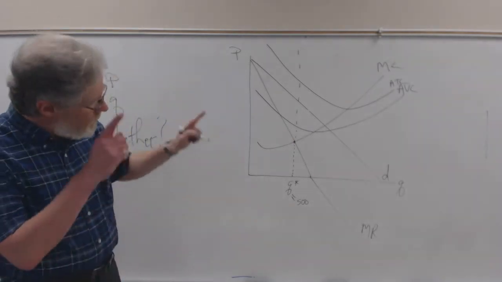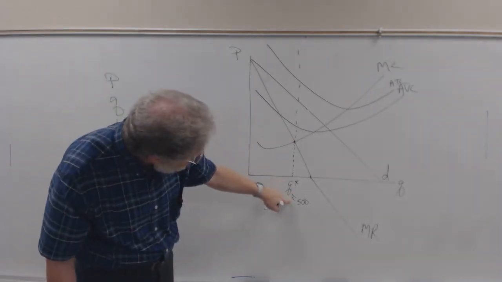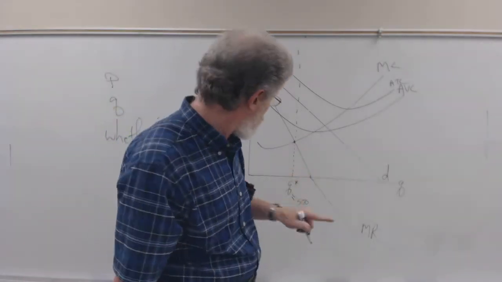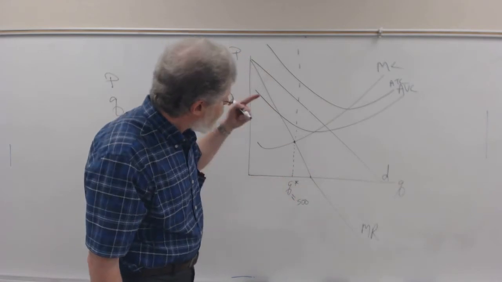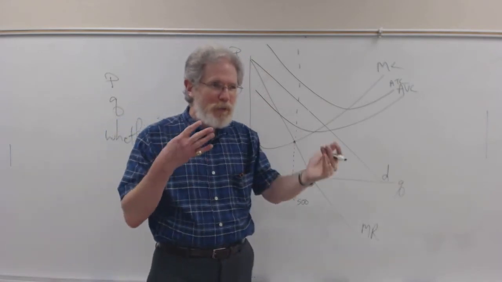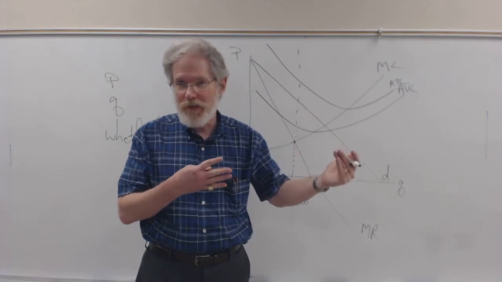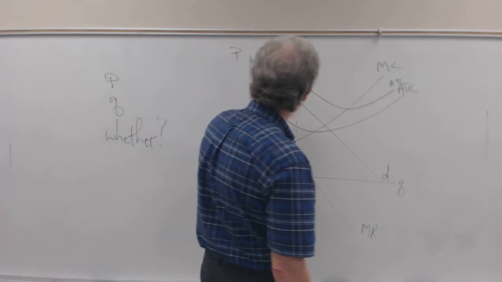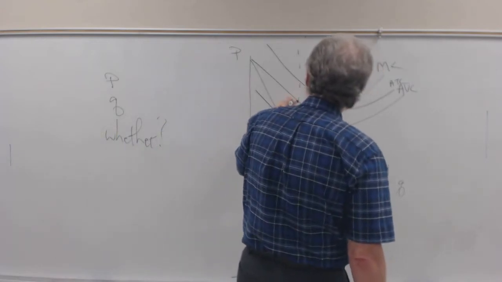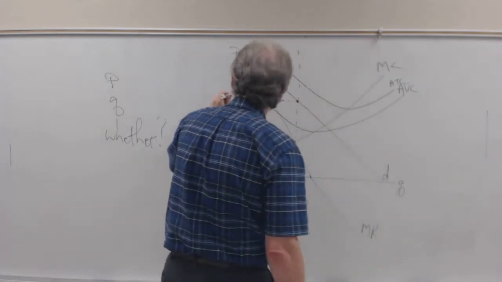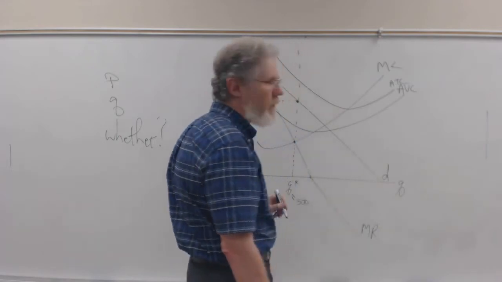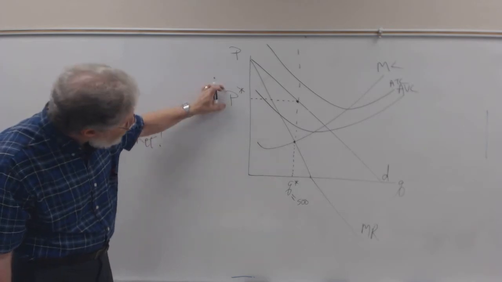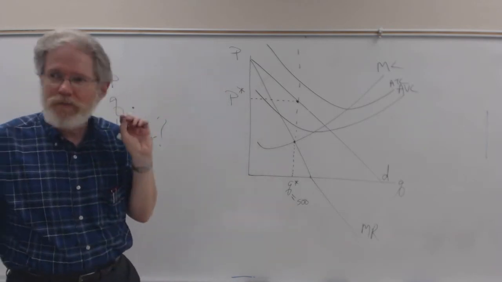So you say, I know he's going to produce 500. I know he's going to charge the highest price he can charge and still sell 500 units. Well, what tells me about the relationship between price and quantity? The demand curve. So for this quantity, you read vertically up to the demand curve. You then read over, and that gives you P star. That gives you the price he will charge that will give him the highest possible profit.